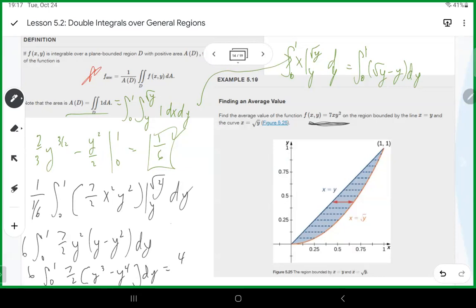So that's going to be 42/2 times (y to the 4th over 4 minus y to the 5th over 5) from 0 to 1. So you end up with 42/40, which is 21/20.